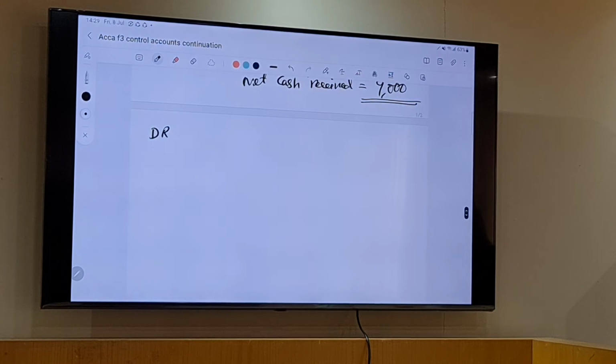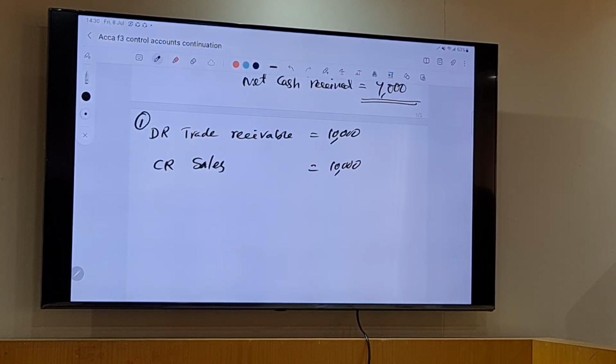Debit trade receivable 10,000. Credit sales 10,000. So this is entry number 1.